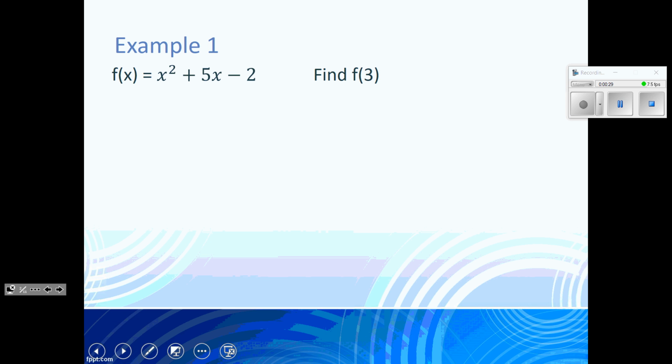All right, so let's look at example 1. I'm giving you a function f at x is equal to x squared plus 5x minus 2, and I want you to find f at 3. Yesterday we talked about what f at x is. f at x is equal to y.